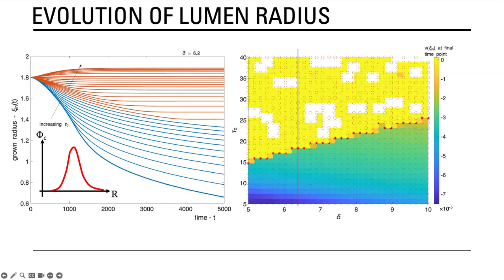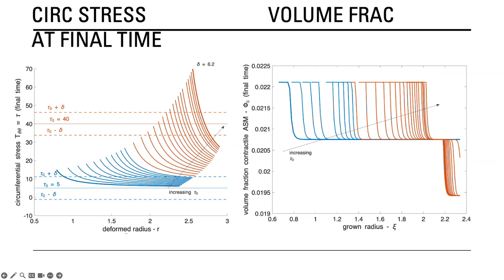So we can now explore the parameter space tau naught, delta, and we find that there is indeed a region above some boundary in which we get steady states, but a certain region in that space where the airways continue to keep remodeling or narrowing. So what's going on inside those airways? So one thing to point out is the circumferential stresses.